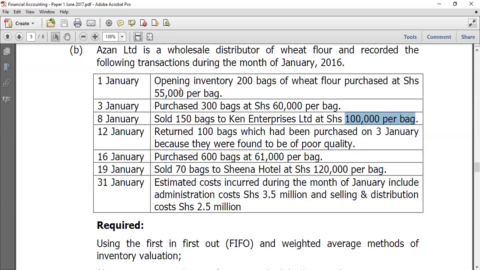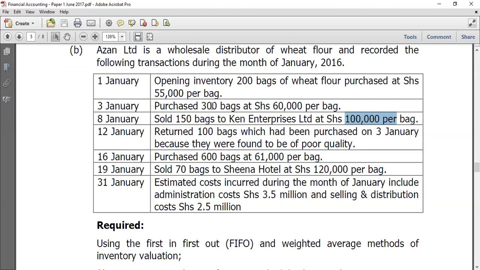So you are able to get your cost of sales, because the value of the bags is 150 times the 55 unit cost. And then you get the sales revenue, which is 100 times 150.